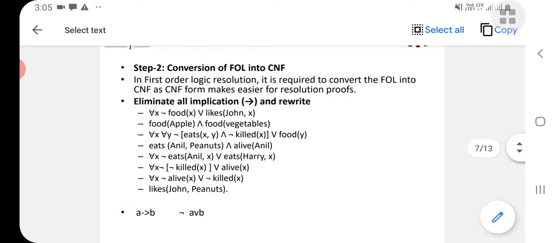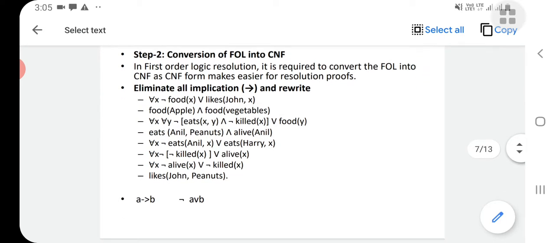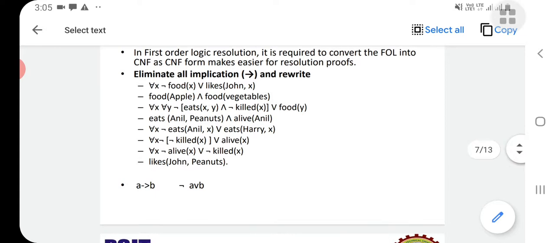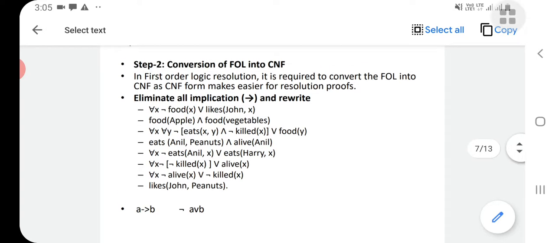One formula is given: A implies B can be written in the form of negation A or B. Why are we using this formula? Because we have to remove the implies symbol, so you can easily put this formula.